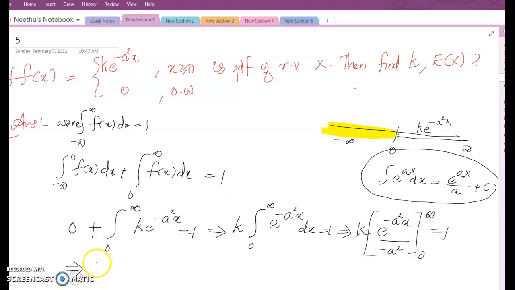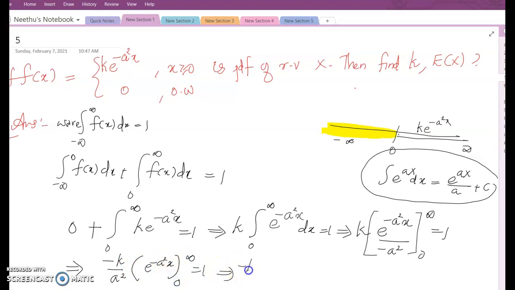The constant is taken outside, and we apply the upper limit and lower limit to e^(-a²x).